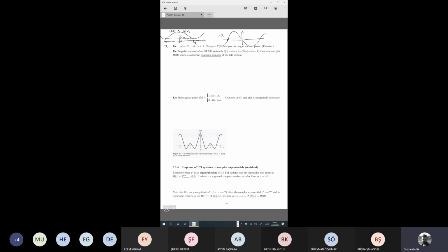For minus pi, for 0, and for plus pi, x of omega is a real number, so the phase is 0.